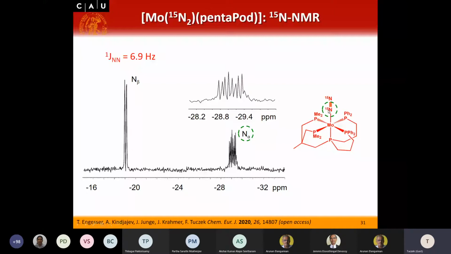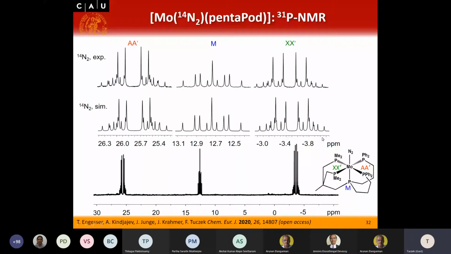And also this 31P NMR gives us important information about this bonding. Here you see the 31P NMR of the 14N complex. It gives rise to a so-called AA'XX'M spectrum.